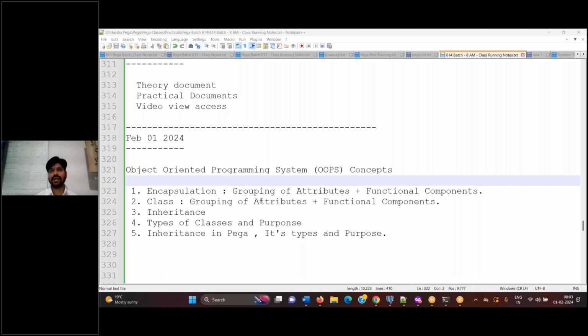Like Java is built based on object-oriented programming, C++, C#, VB, and many other programming languages. All these programming languages have one common thing: object-oriented programming concepts implemented in them.